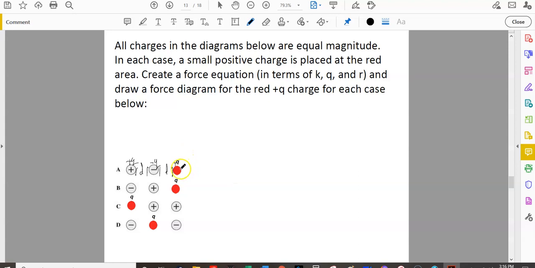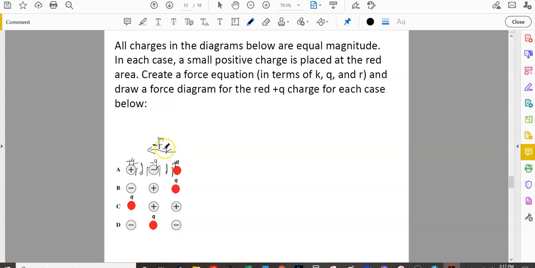This negative Q is really close to our positive Q here, so it's going to have a large force, and it's going to be attractive. So it's going to cause a large force to the left, and that's due to the negative q acting on our positive q. Since that vector's to the left, that negative goes in front.